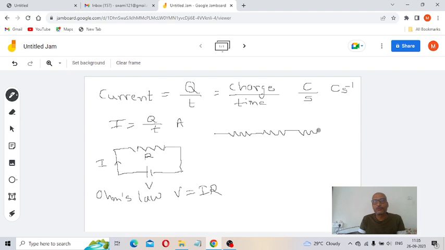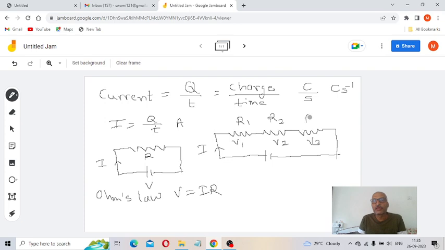If two or three resistors are connected in series, then the current flowing through each resistance remains constant, that is I, but the potential drop across each resistance is different.